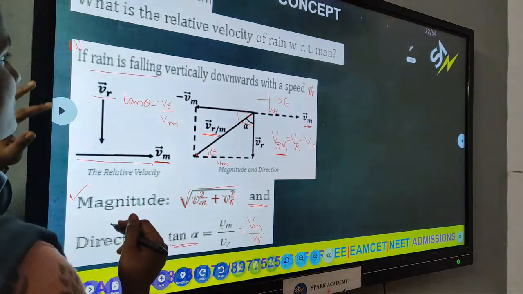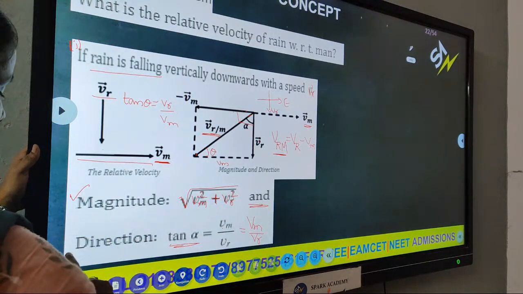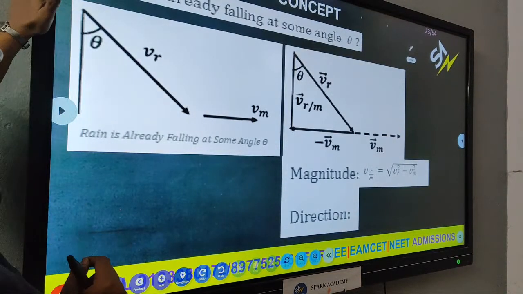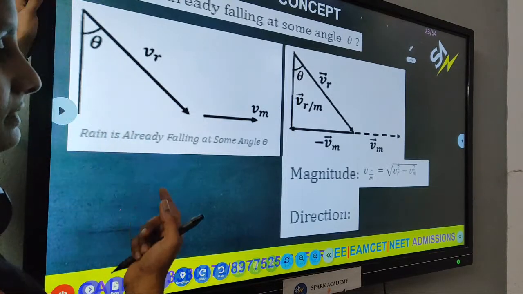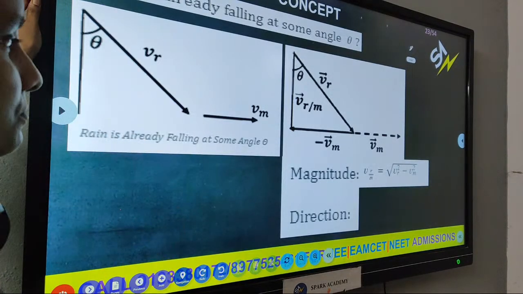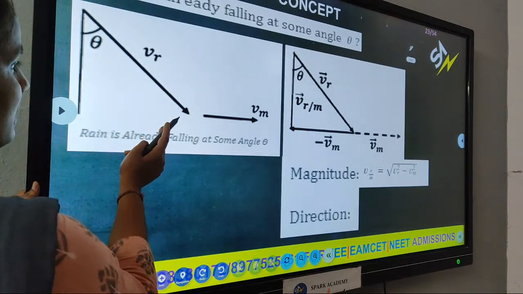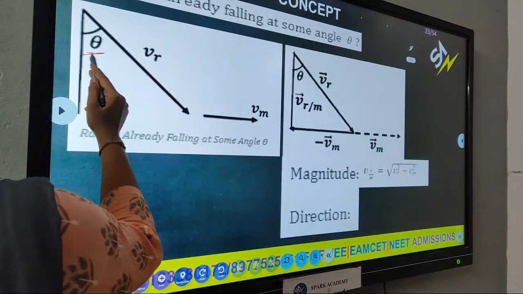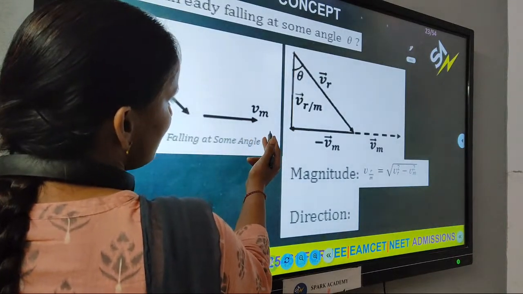So this is the case when rain is falling vertically downwards with some speed. And let us see the next case. If rain is already falling at some angle theta, how can we find the direction and magnitude of the resultant? You can observe in this diagram, rain is making angle theta with the vertical direction, and the man is running towards the east.